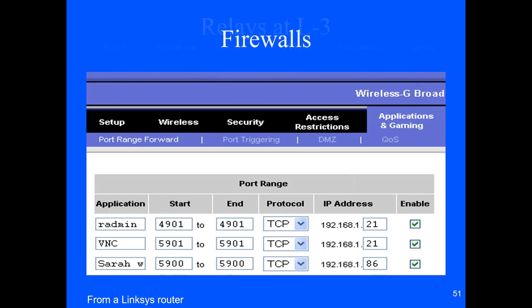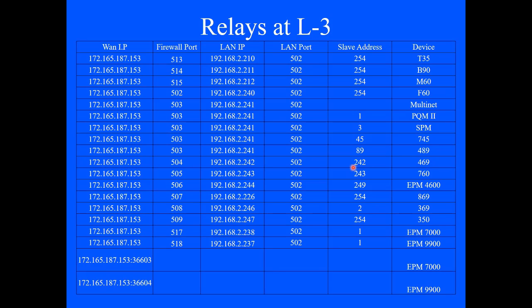Next, I'm going to show you a bunch of relays because this really shows it a little better. I've got a bunch of relays in our office in Atlanta: a T35, a V90, M60s, SVM, 745s, 489s. So I've got it where customers can come in through our WAN IP, which happens to be 172.165.187.153. If you go to that WAN address and go to one of these ports, I automatically redirect you to our LAN, where I've got these relays set up at certain IP addresses.